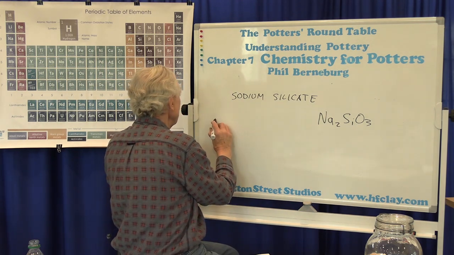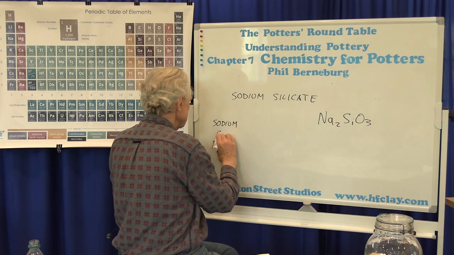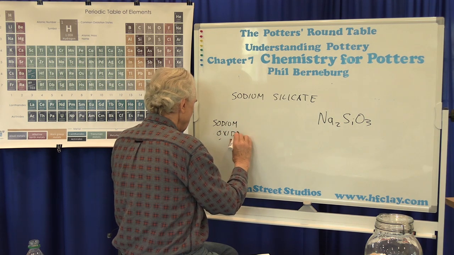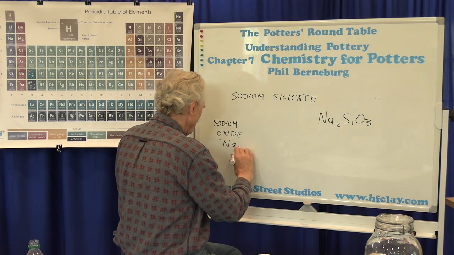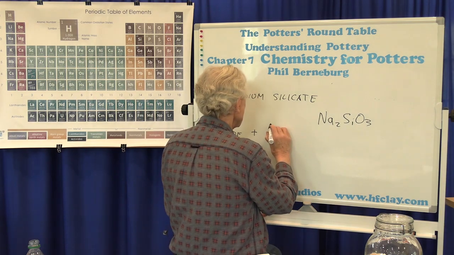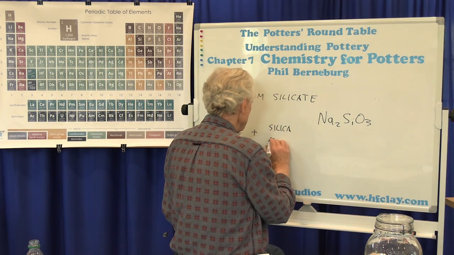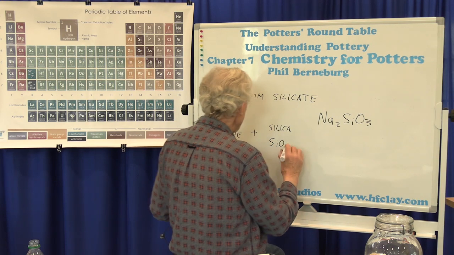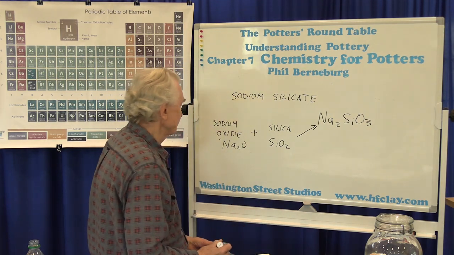I could make it up using sodium oxide, and I'll put the formula down here. And to that, I could add some silica, which we should be very familiar with. And the formula is that. And if I combine these and react them, I get that.